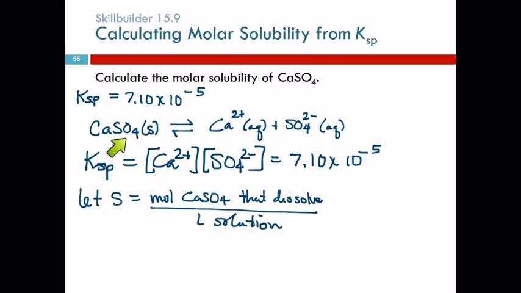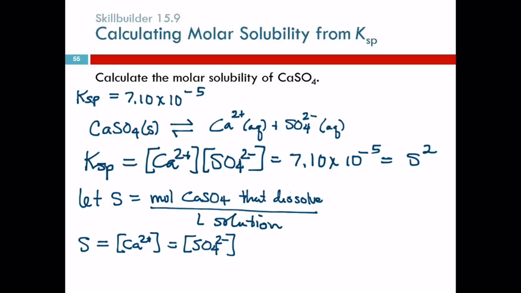Looking at this chemical equation, for every 1 mole of this that dissolves, we get 1 mole of calcium. For every 1 mole of this that dissolves, we get 1 mole of sulfate. So S is equal to the calcium ion concentration, and it equals the sulfate ion concentration. So then I can say that this is equal to S squared.